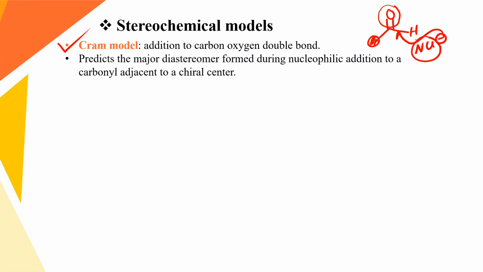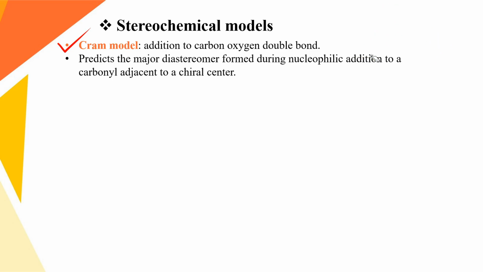This stereochemistry is highly dependent on the orientation of the groups, because this is a chiral compound and it has three different groups. Depending upon their orientation, the nucleophilic addition will act from the upper side or from below the plane, which we will discuss with an example.